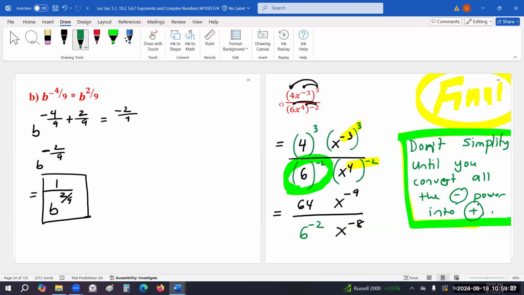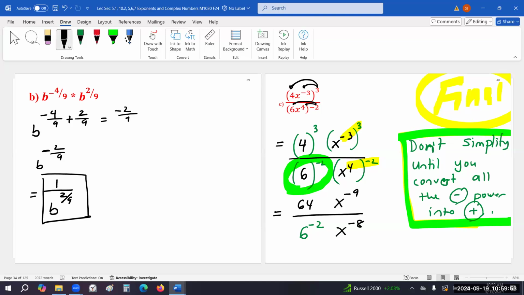So now we see 64 doesn't have any problem. It doesn't even have any power. This has a problem, negative. This has a problem, negative. This has a problem, negative. So everything that has a negative power has a problem. That's why don't do anything until you solve the negative problem.